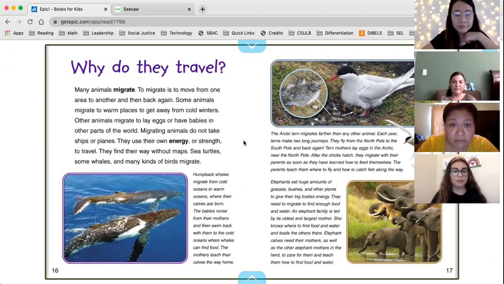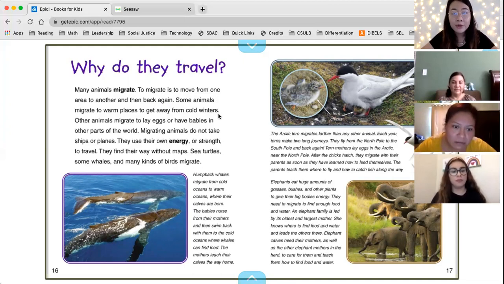And you start with that second line, first full sentence where it says some animals migrate to warm places to get away from cold winters. So that is a form of adaptation. They move from one place to the other to accommodate their body to that new place.